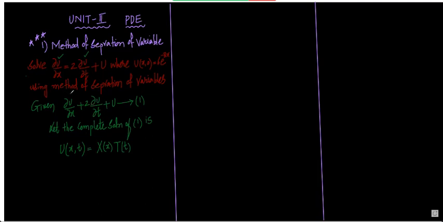Now we find these two values. Differentiating u partially with respect to x, the x derivative becomes X dash of x, and T stays as it is. Similarly, to find the derivative with respect to t, X stays as it is and the derivative of T becomes T dash of t, correct?